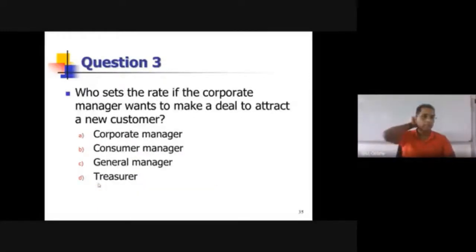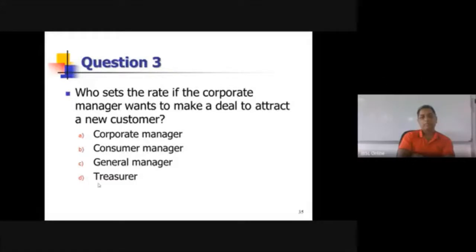Who sets the rate if the corporate manager, so this is a lending manager, wants to make a deal to attract a new customer? So he wants to give a loan out. Who sets the rate to the client?